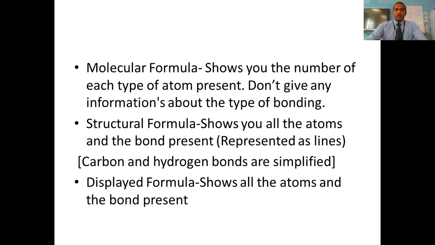So molecular formula shows you the number of the atom present. It doesn't give you any information about the type of bonding. On the other hand, structural formula shows you the atoms and the bond present, and display formula shows you all the atoms and the bond present. So an example here.